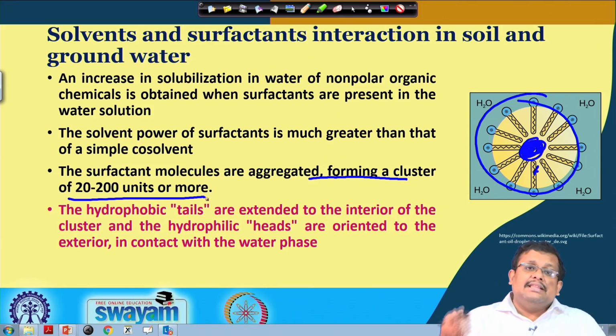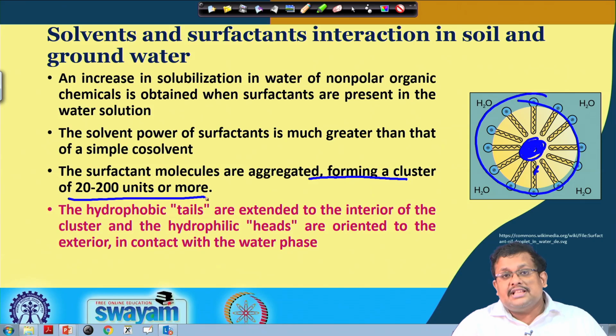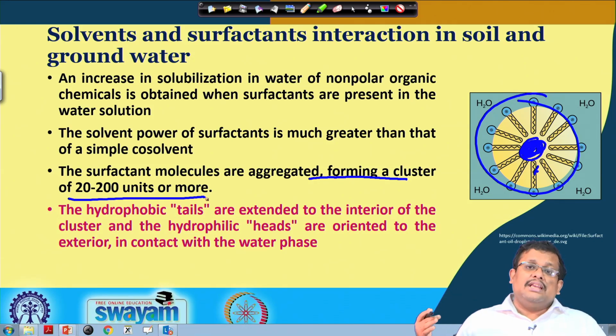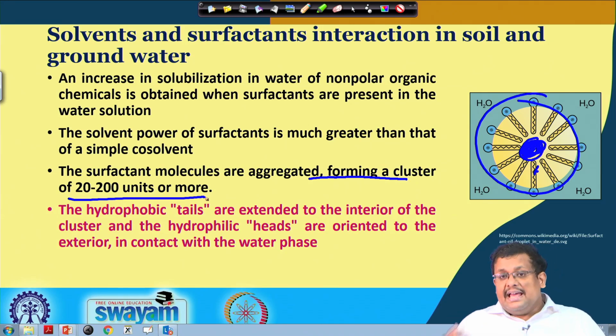Remember that the hydrophobic tails extend to the interior of the cluster, and the hydrophilic heads are oriented to the exterior in contact with the water phase. This is how a surfactant as a dispersing agent increases the solubility and movement of toxic organic chemicals in water, helping their movement from one part of the environment to another.